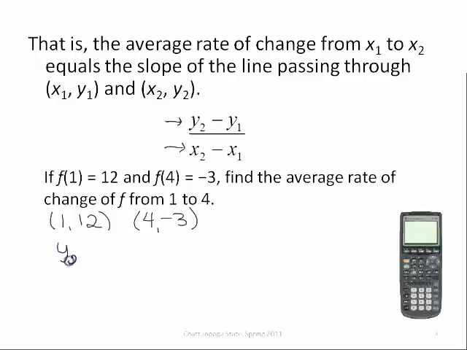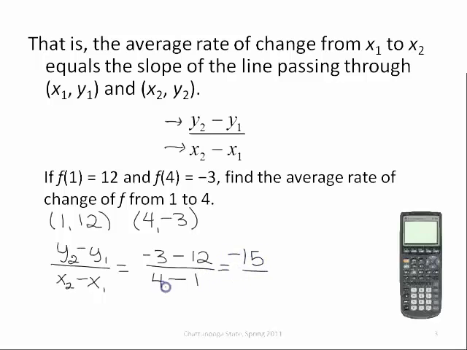So that's the second y minus the first y over the second x minus the first x. So my second y is negative 3 minus my first y is 12. And that goes over the second x, which is 4, minus the first x, which is 1. So this gives me negative 15 over 3.